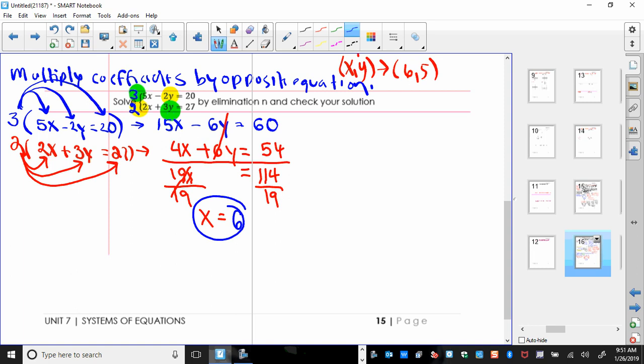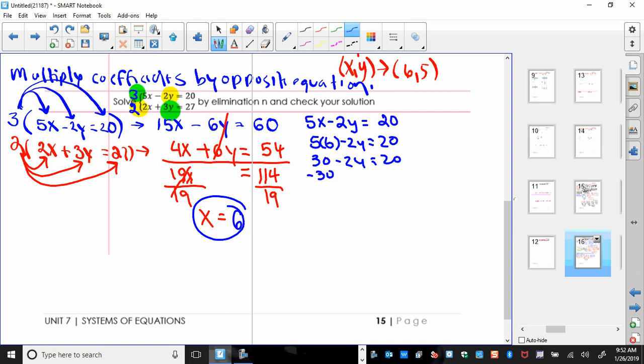So I'm going to revert back to my first equation. Write it down. 5x minus 2y equals 20. Right? 5 times 6 minus 2y equals 20. This becomes 30 minus 2y equals 20.